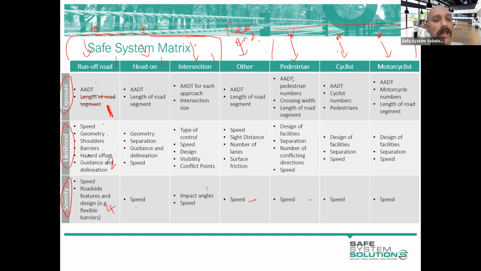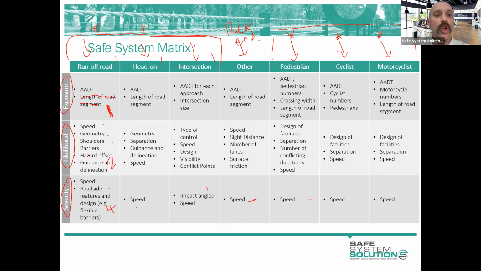So maybe the line marking's okay. It's got some sealed shoulders. It's got good delineation. Skid resistance seems okay. So the road environment isn't sort of encouraging people to leave the road, but there's certainly still going to be the presence of people leaving the road, because humans are going to make mistakes, and people are going to be distracted and fall asleep and still leave the road.